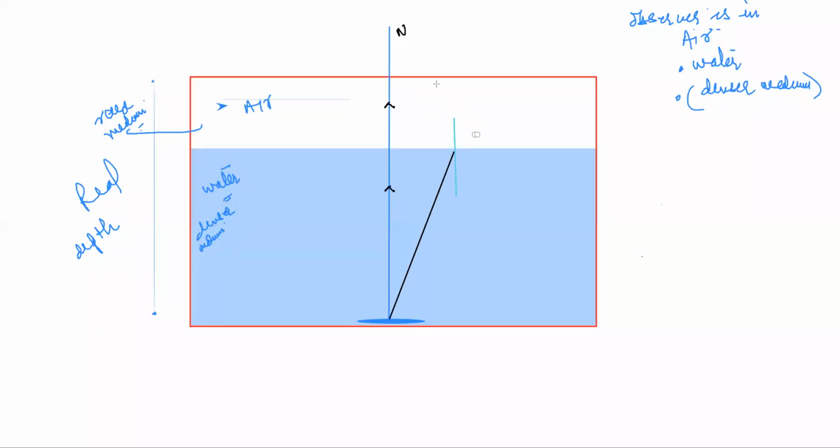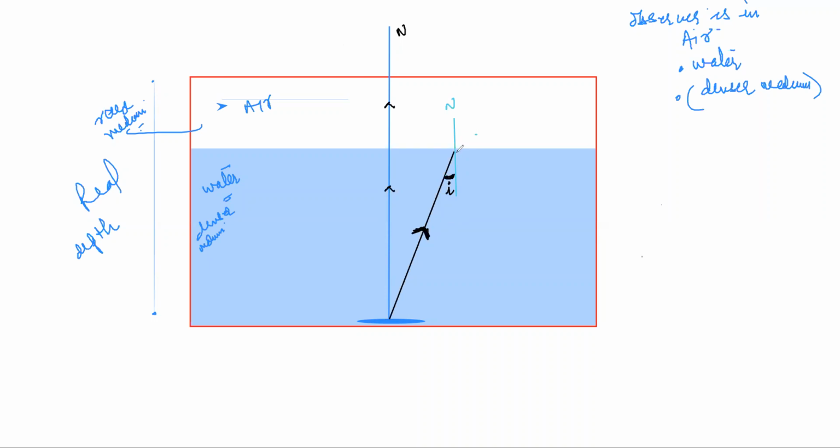There is a normal, and I write normal there. This is the angle of incidence. The incident ray. I think you are getting it all.